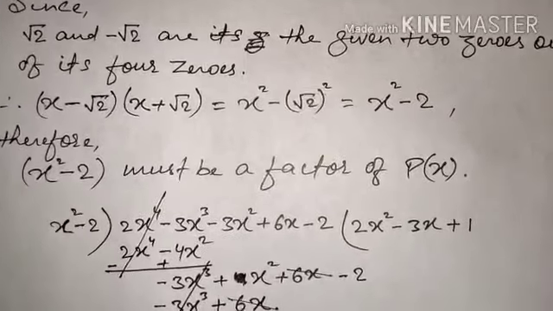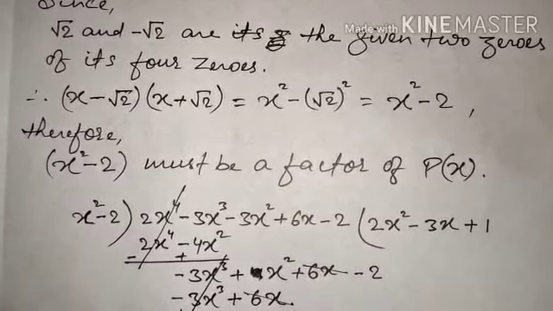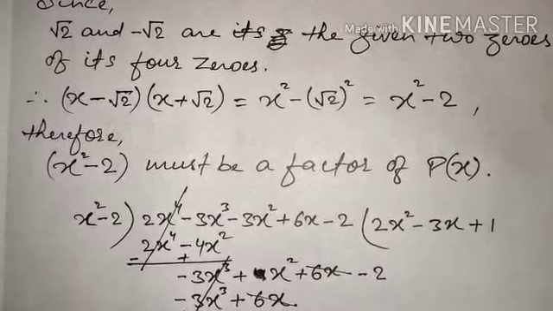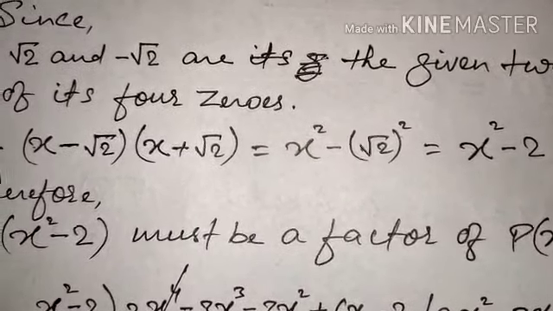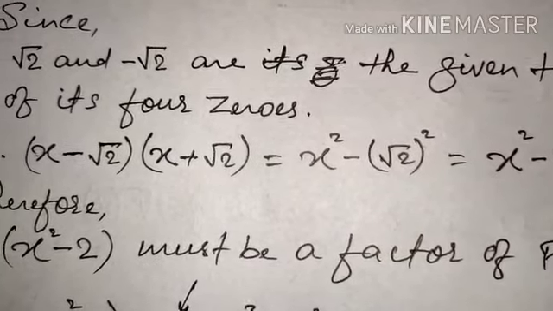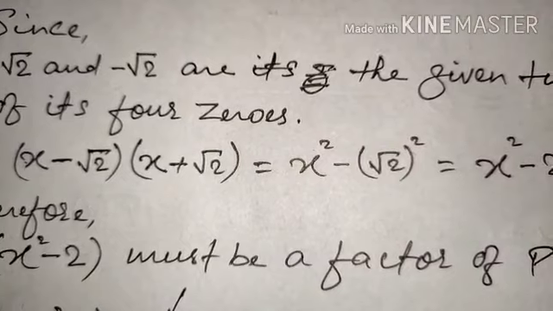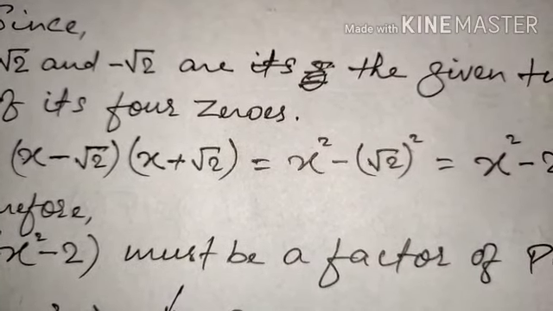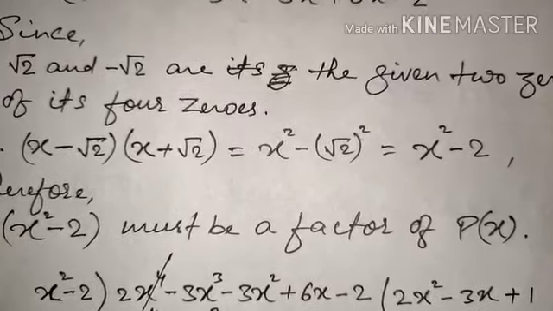So I have done (x minus root 2)(x plus root 2), and after the multiplication we'll get x square minus 2. You can easily see that I used the identity a square minus b square is equal to (a plus b)(a minus b). That's why I used it. (x minus root 2)(x plus root 2) will become x square minus root 2 square, and finally we get x square minus 2.